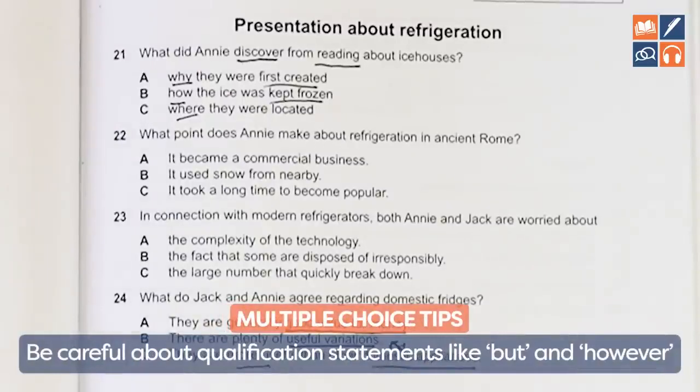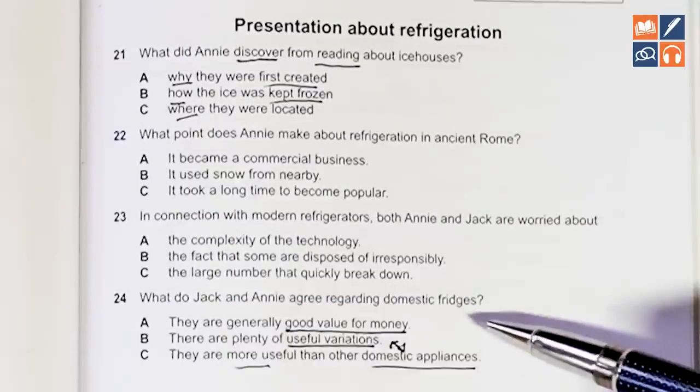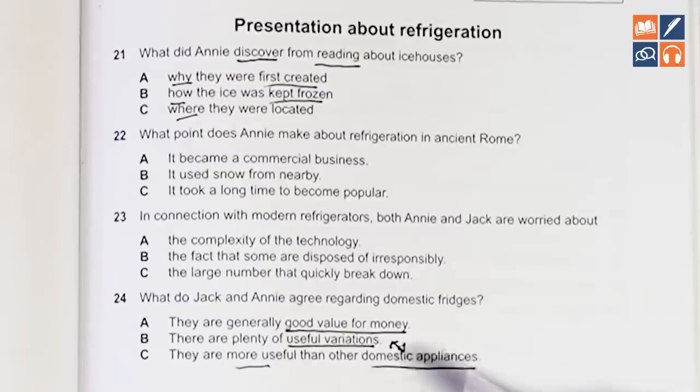The next thing is be very careful about qualification statements. These are words like but or however. So if we go down to 24, she might say something like, yeah, generally they're good value for money. However, in recent years, or but recently, they've become very, very expensive.